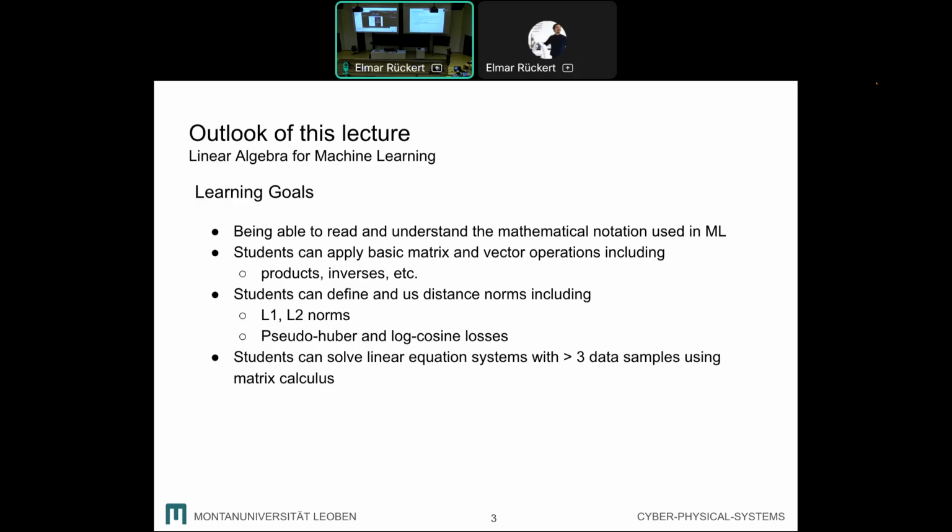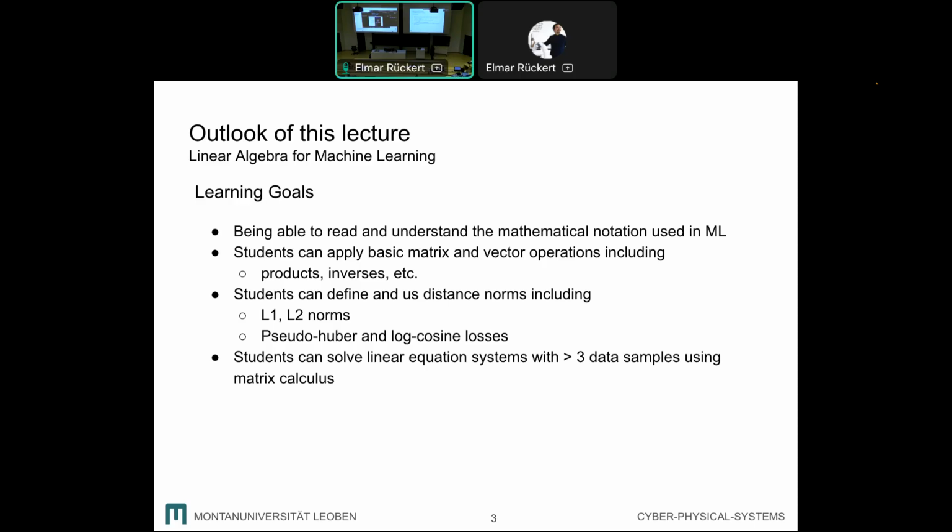I want you to be able to apply basic matrix calculus operations to solve problems. And I will show you something and you will be able to solve that afterwards. Then I will discuss distance measures, the Euclidean norm. Everybody knows it, but there will also be a bit more general norms, because we need these always.